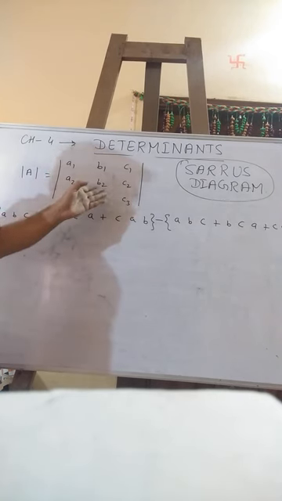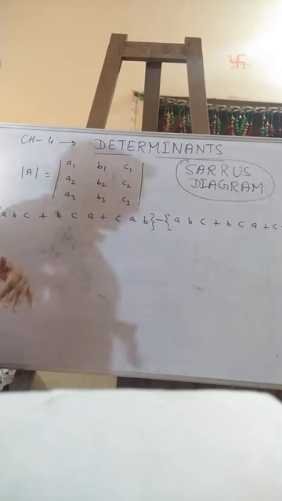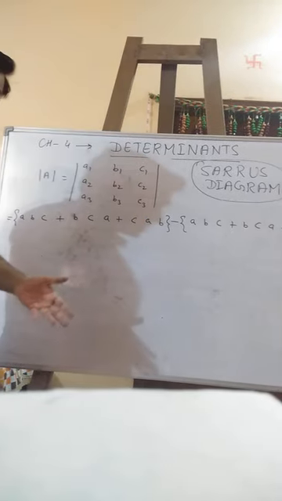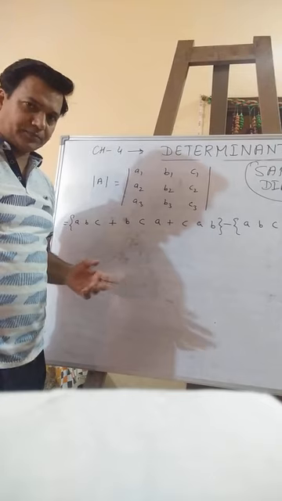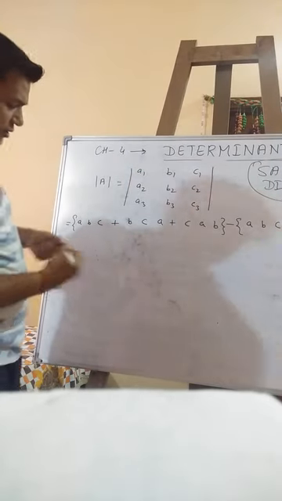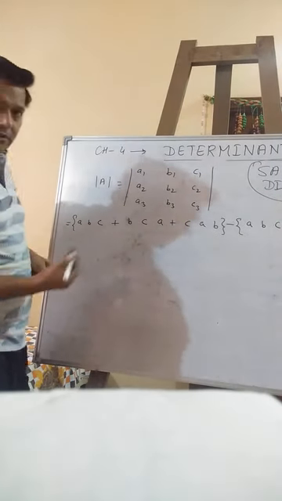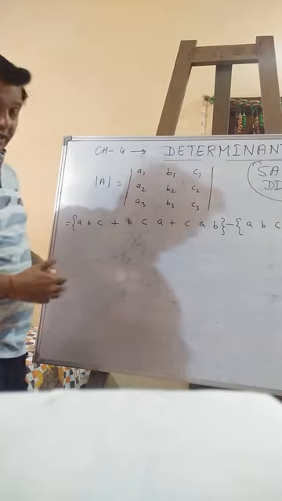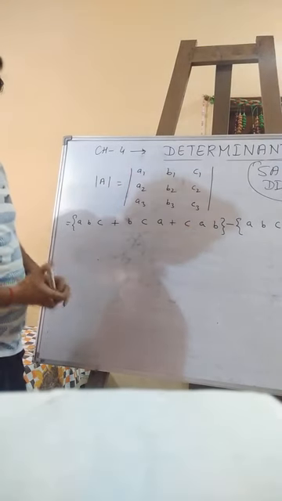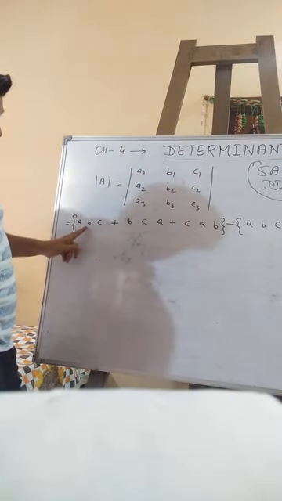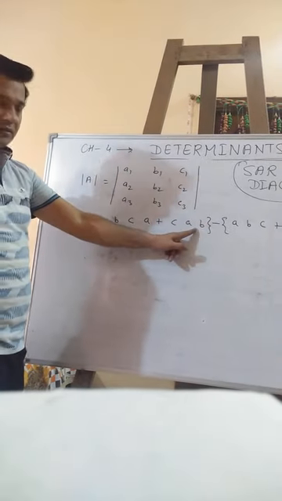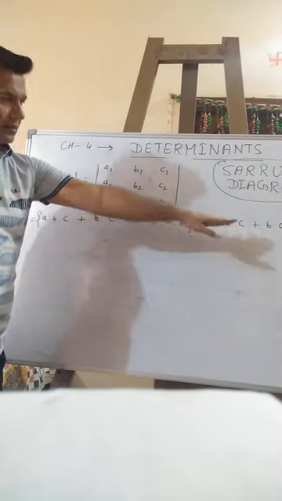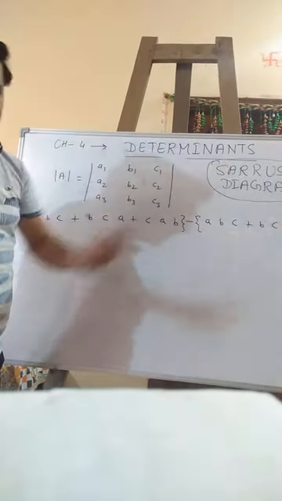We have a 3 by 3 order determinant here, and we want to expand it according to the Sarrus diagram, in which we write some numbers in cyclic order. First I write ABC, then BCA, then CAB. After the negative sign, the same pattern repeats.